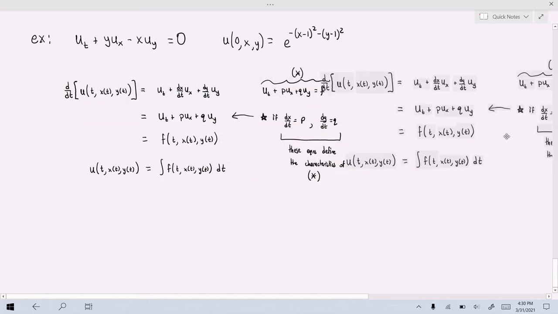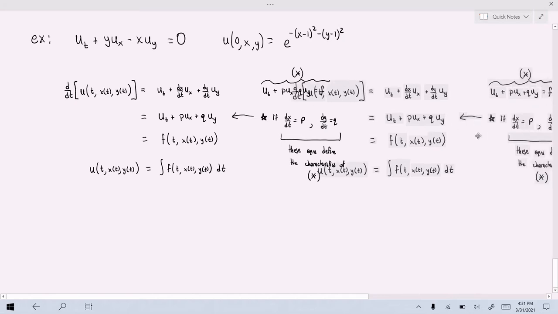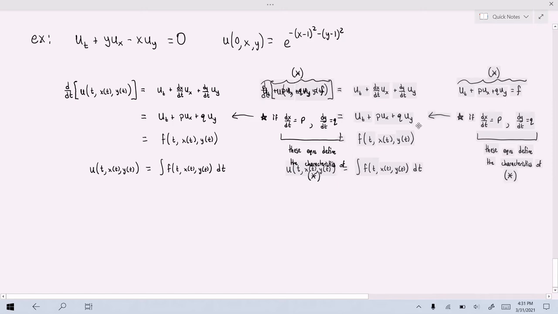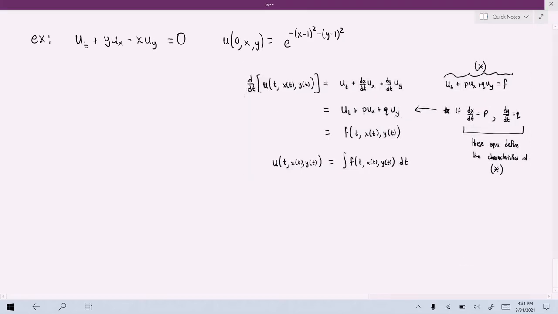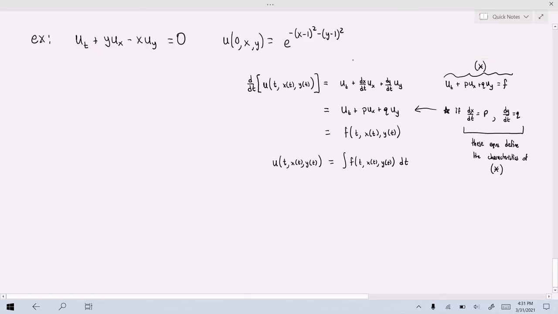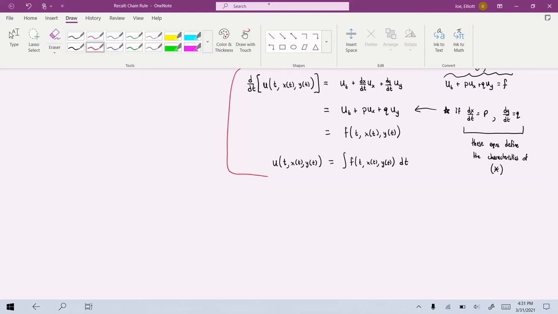I'm going to move this out of the way. So for this problem, our p is y and our q is negative x.